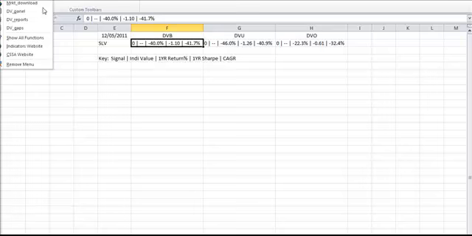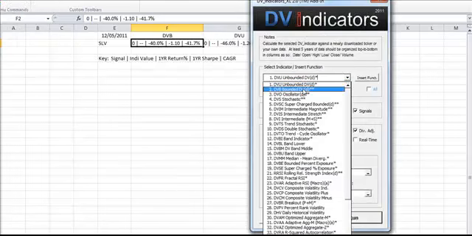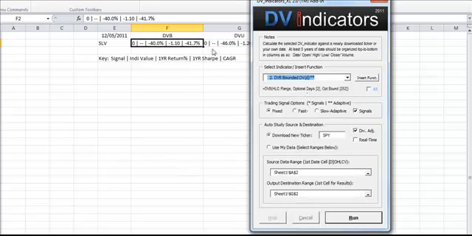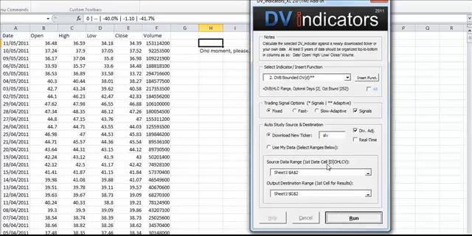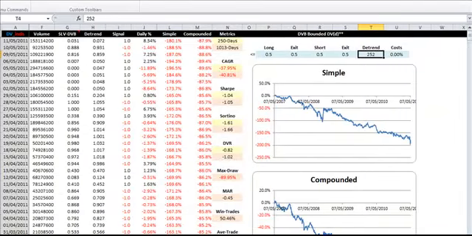So now I'm going to use the main DV indicators panel. I'm going to bring up one of the ones which has the worst performance. So SLV. This should bring up a very neat report of the indicator. So we've got a nice long list of the metrics.